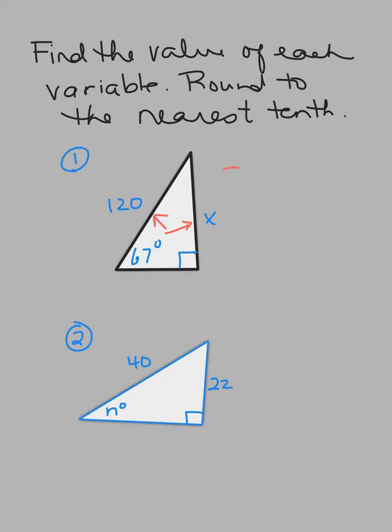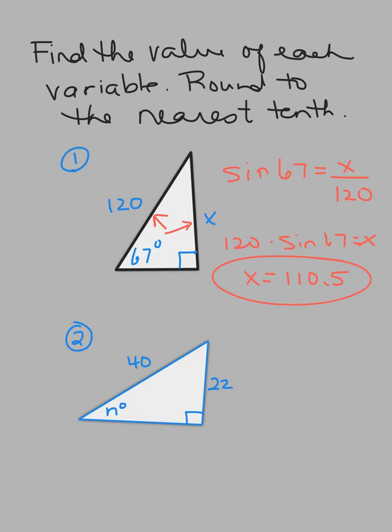So I have the sine of 67. My leg opposite is x. My hypotenuse is 120. So I have 120 times the sine of 67 is equal to x. And when I put that into my calculator, I have x is equal to 110.5 rounded to the nearest tenth.